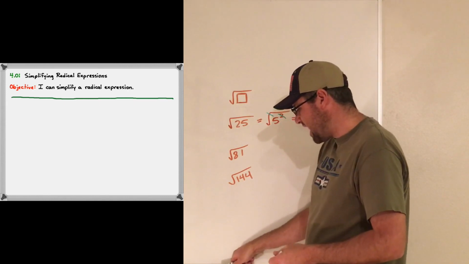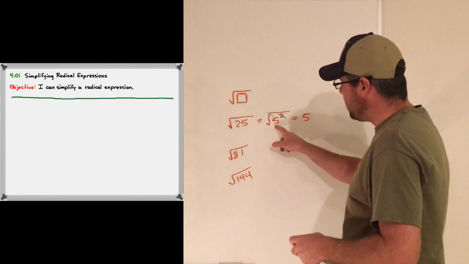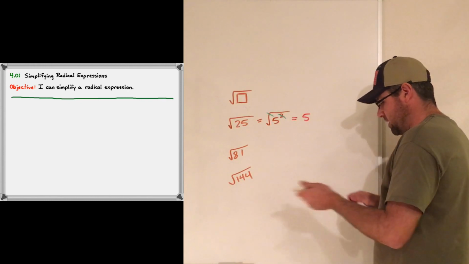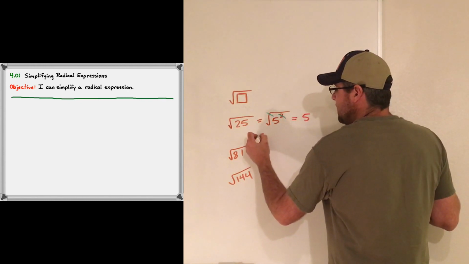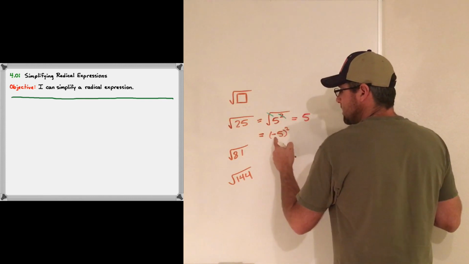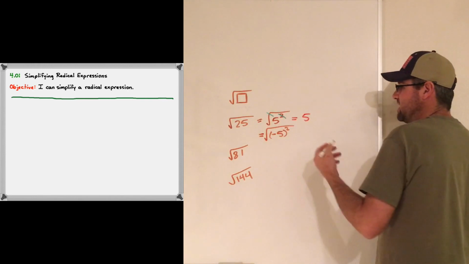Now there's something we need to add to that, because that is not the only answer. That's not the only number that when I multiply it by itself, I can get 25. You see, I could also say negative 5 squared. Negative 5 times negative 5 is also 25.